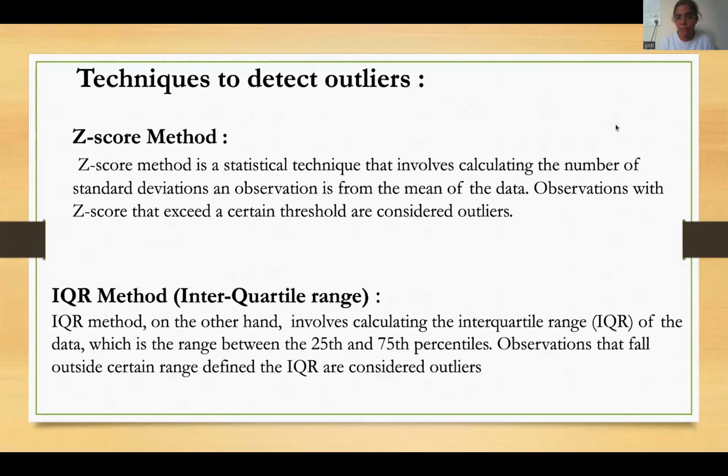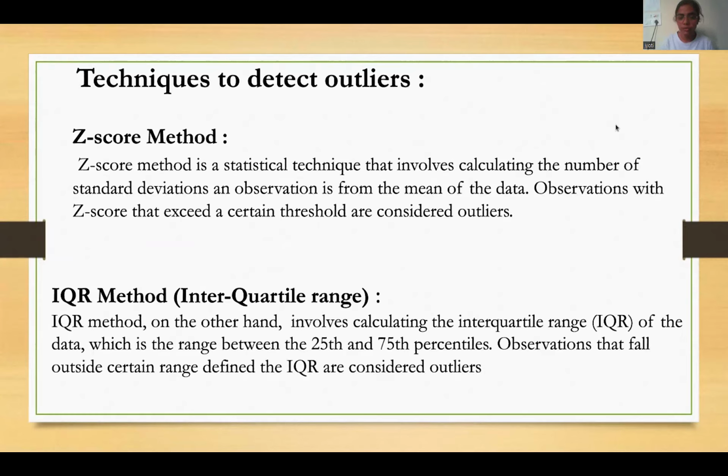There are some techniques we can use to detect outliers. The first one is the Z-score method. The Z-score method is a statistical technique that involves calculating the number of standard deviations an observation is from the mean of the data.